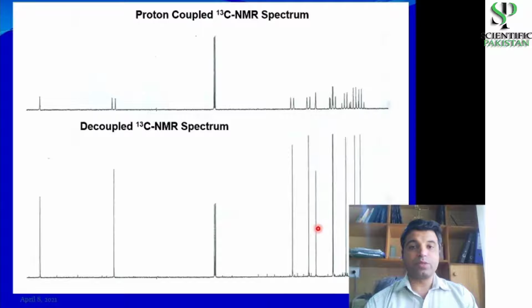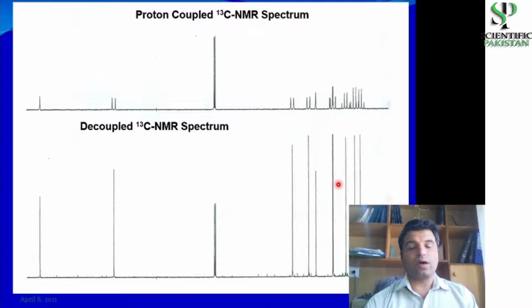But the problem with the decoupled carbon-13 NMR spectrum is that we do not have multiplets. We have only singlets. So as we can identify the CH, the CH2s or the CH3s in the proton-coupled spectrum, we cannot differentiate between these carbon atoms in the decoupled carbon-13 NMR spectrum.